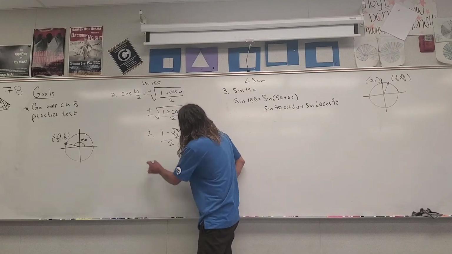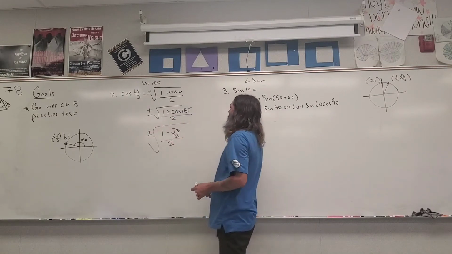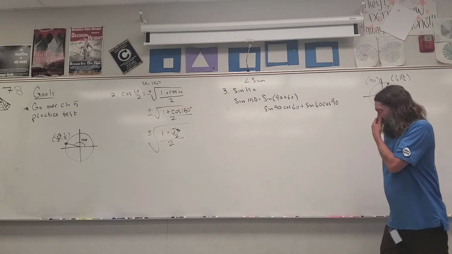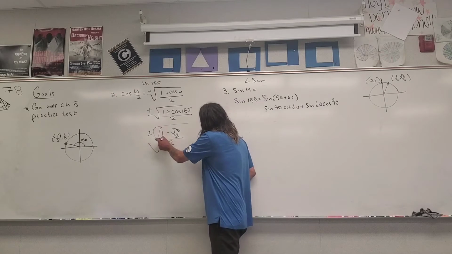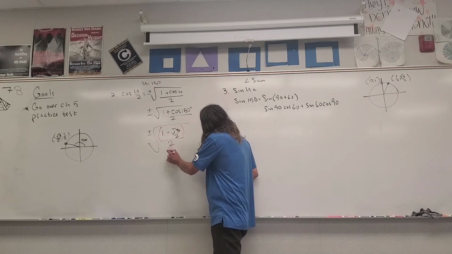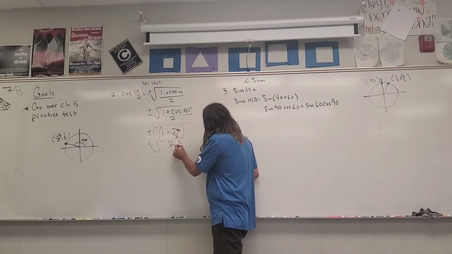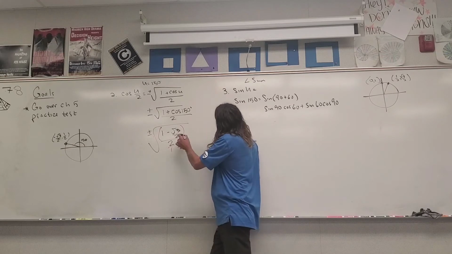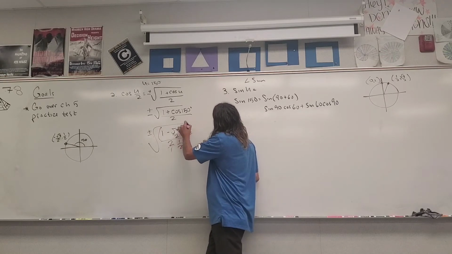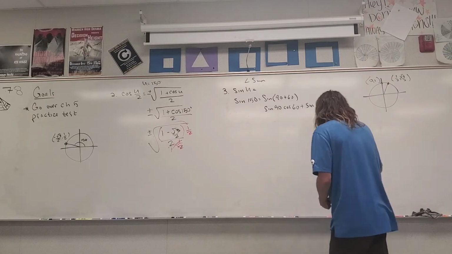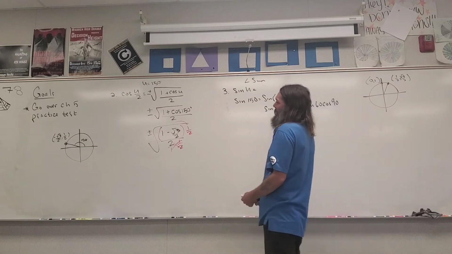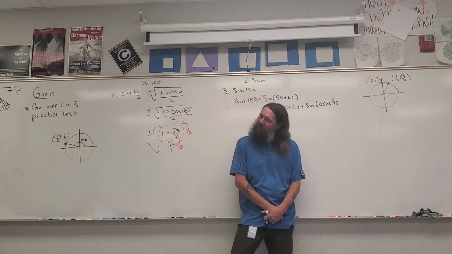Let me make sure I keep all that in there. So I'm going to multiply the numerator and the denominator by 1 over 2. Those cancel out. And now I'm going to be left with, I have a feeling I'm going to get back to where I started.